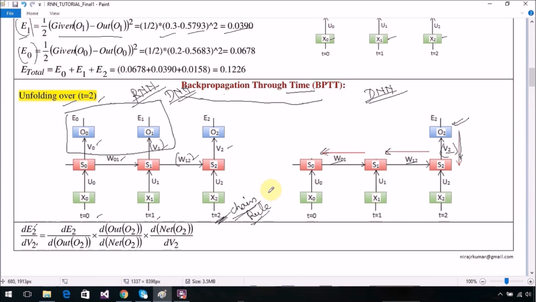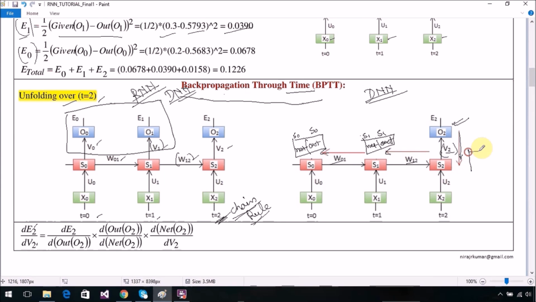This chain rule is just the opposite of the information flow path. For example, in this case you have seen that the information flows like net part to out part, out O2.